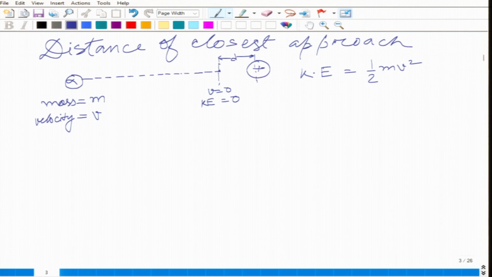But by the law of conservation of energy, kinetic energy will be converted to electrostatic potential energy. Why electrostatic potential energy? Because it is the energy between two charges. So, what was the formula for that?